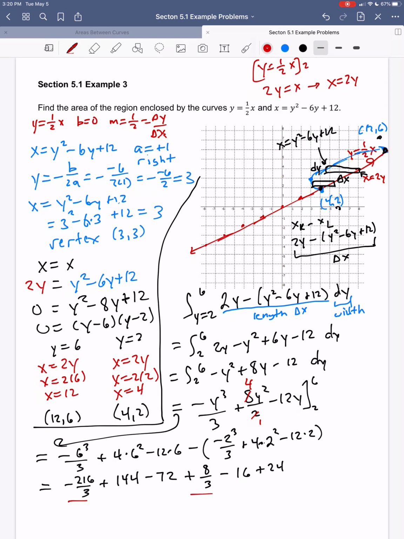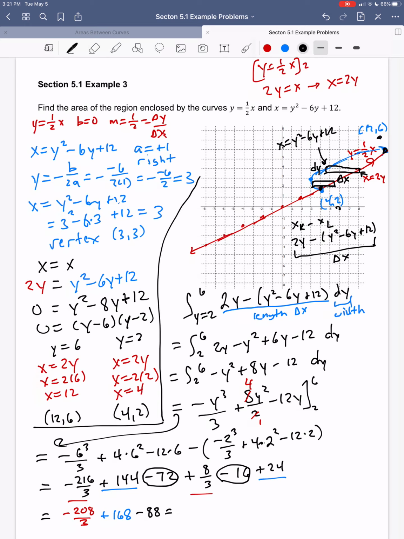Let's see, negative 216 plus 8, so that will be negative 208 thirds. We have plus 144 and plus 24, so that's plus 168. And then minus 72 and minus 16, so that's minus 88.